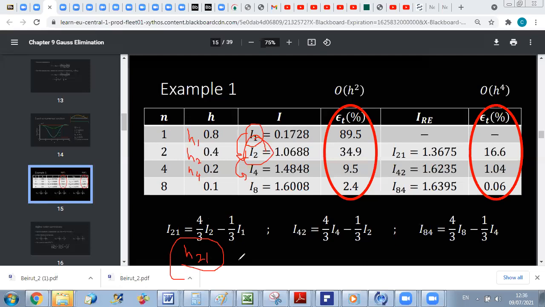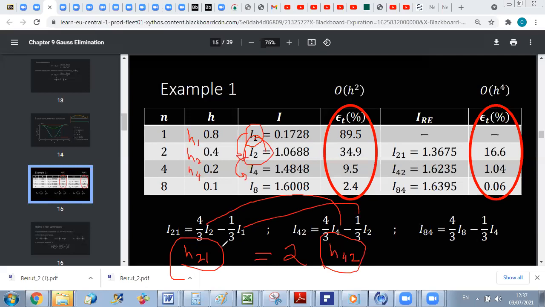And this virtual step will be related to the virtual step of I42, which we will call H42. Since to go from I2 to I4 we divided the step by 2, and to go from I1 to I2 we divided the step by 2, then we can say that H21, the virtual step for I21, is equal to 2 times the virtual step for I42.